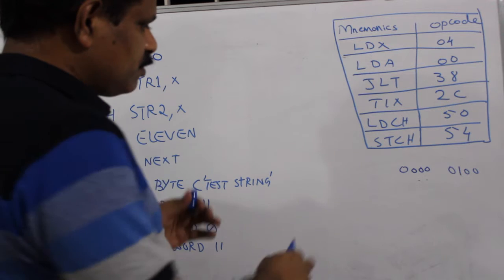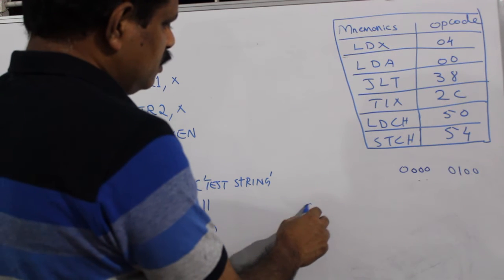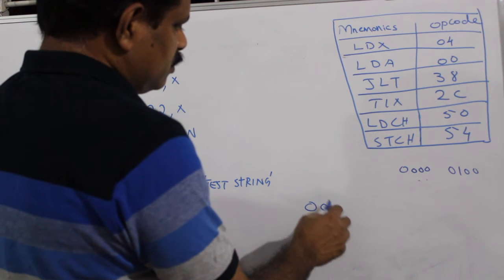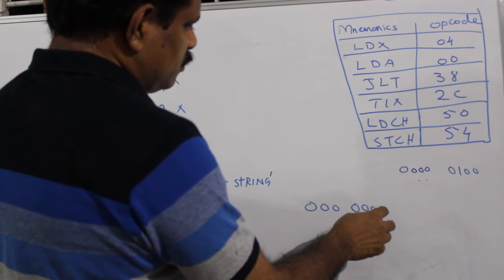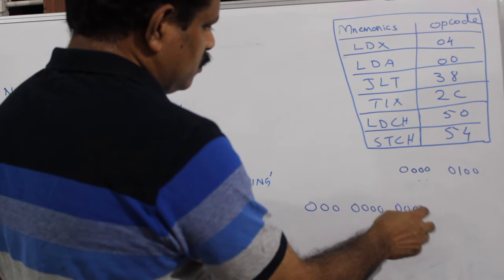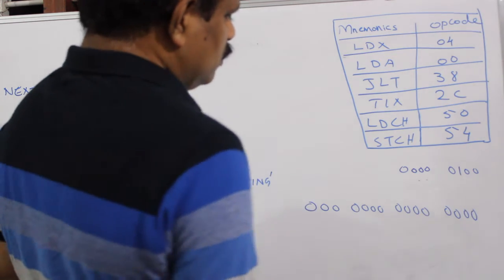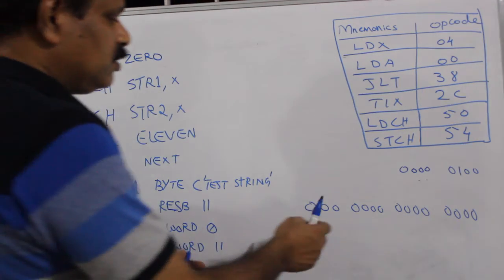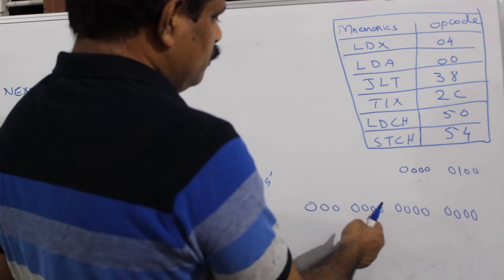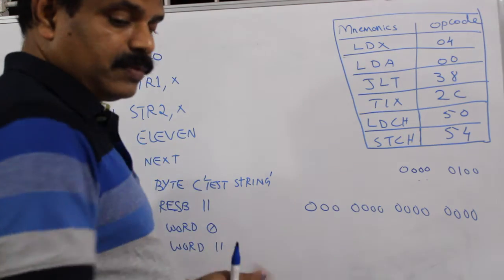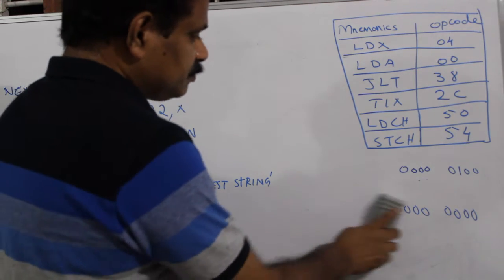A 15-bit address 0000 means 000, this one. Okay, so 4 plus 4 plus 4 plus 3, a 15-bit address.